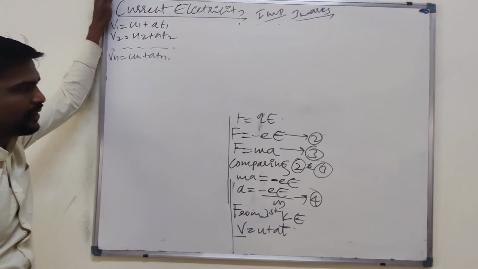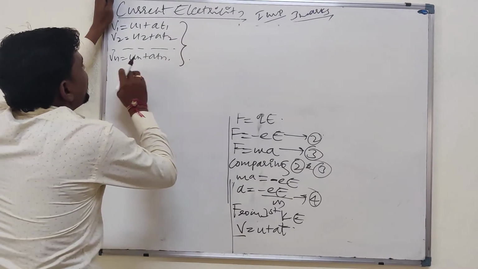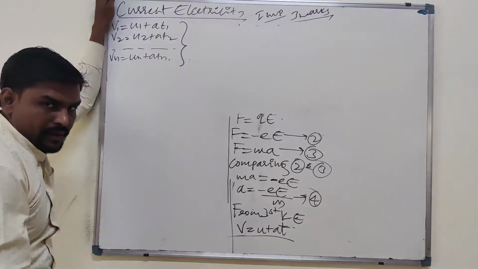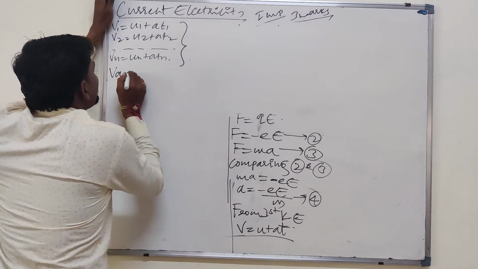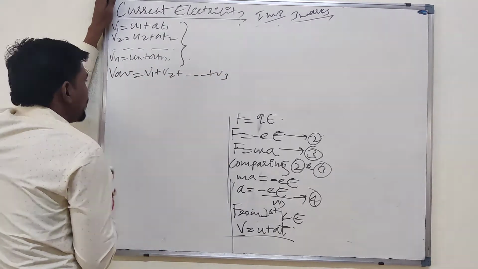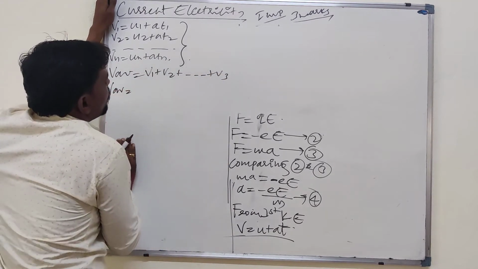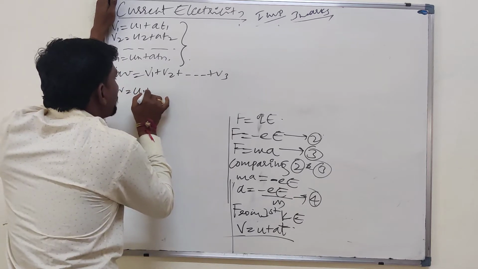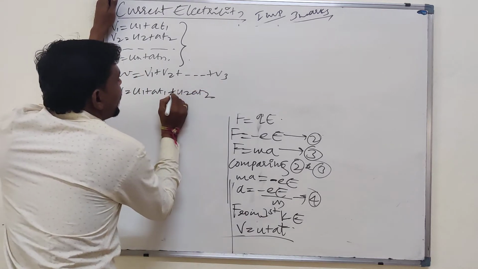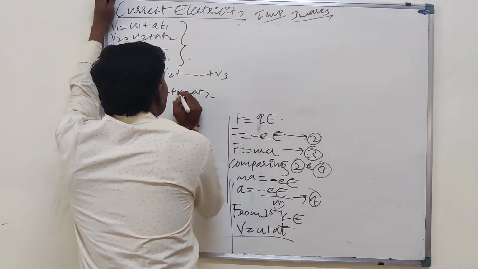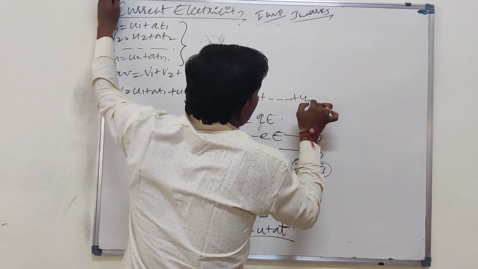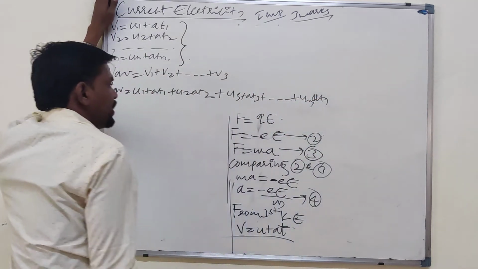So V average is equal to V1 plus V2 plus V3 and so on, which is U1 plus AT1 plus U2 plus AT2 plus U3 plus AT3 up to UN plus ATN.